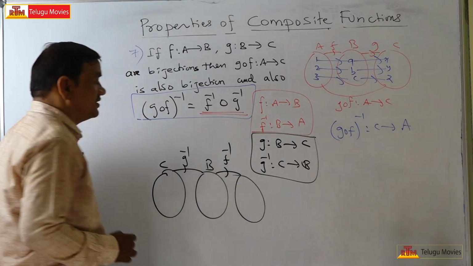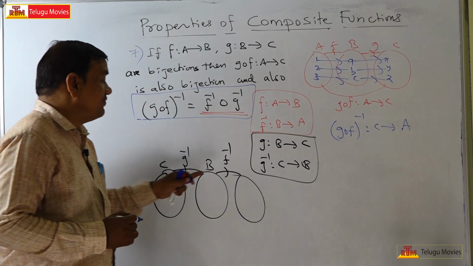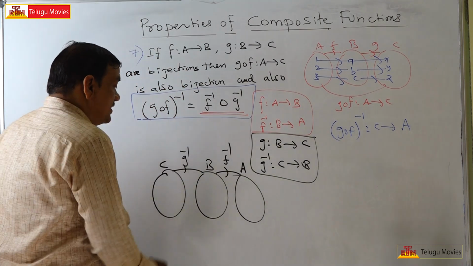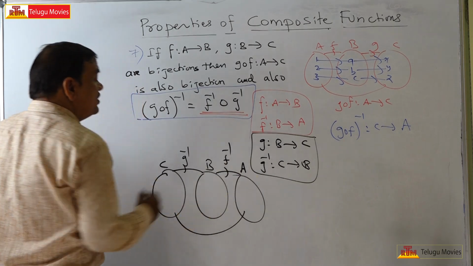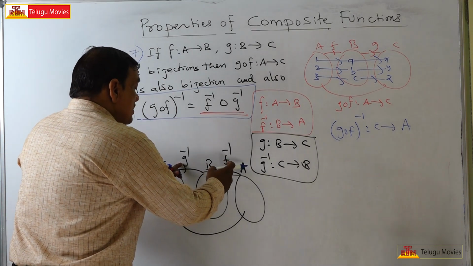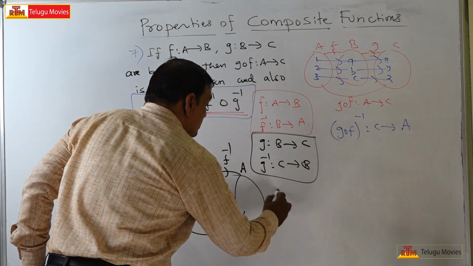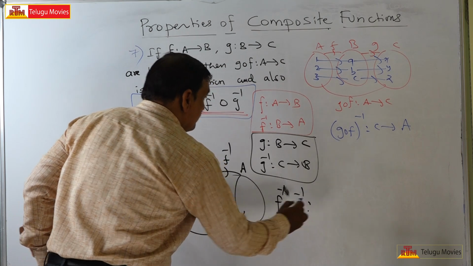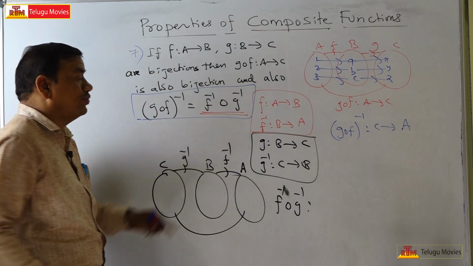It is from B to A. Then there is a function from C to A. What is the name of this function? Reverse order we have to take, that is f inverse circle g inverse, is a function from C to A.